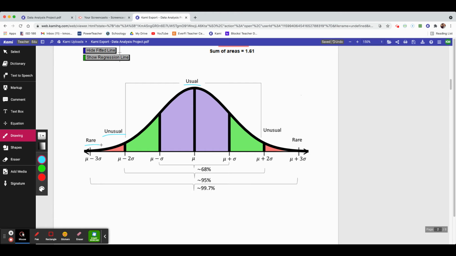Okay, so does your grade fall into the usual category, unusual, or rare category? And so when you think about height and stuff, people that are 7 foot whatever are probably in the rare category because we don't see a lot of people that are 7'11" or whatever. So that helps us put words to our data.